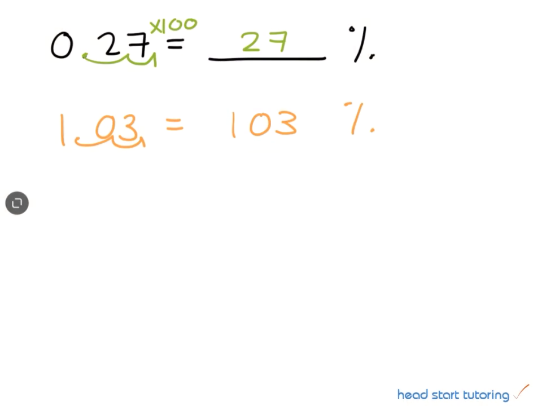If I would like to convert 0.03 into a percentage, I need to multiply 0.03 by 100. So I move my decimal point 2 places to the right to get 3%.